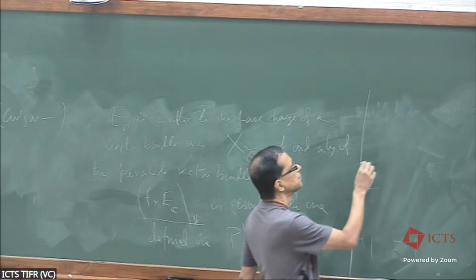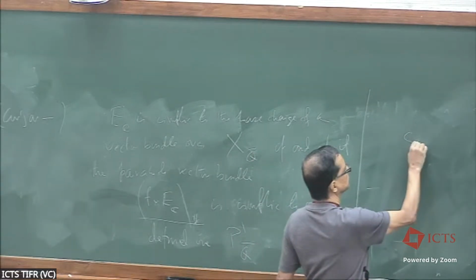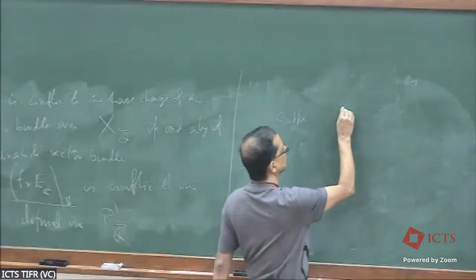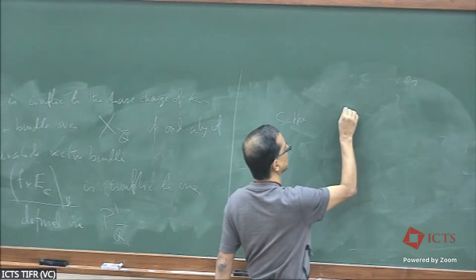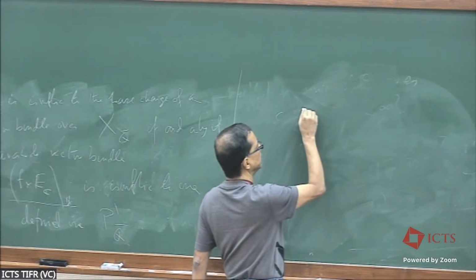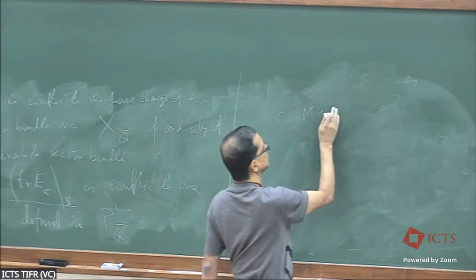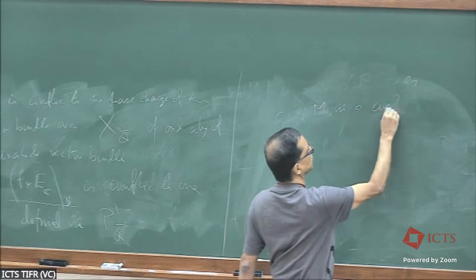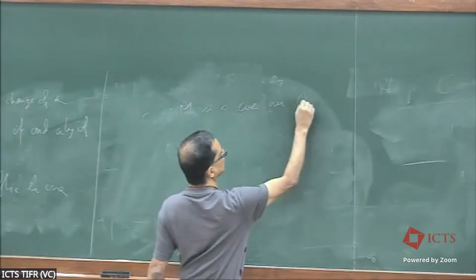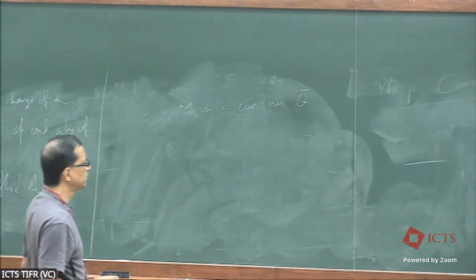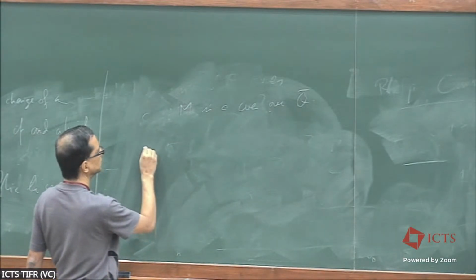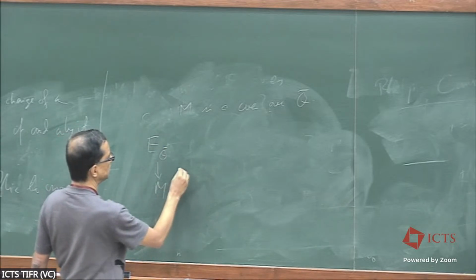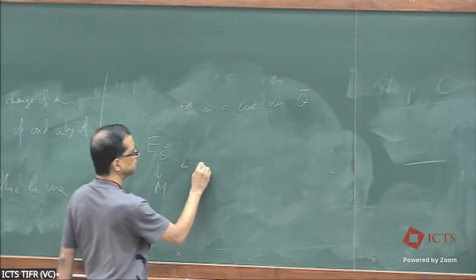Suppose M is a curve over Q bar, and E_Q bar over M is a vector bundle.